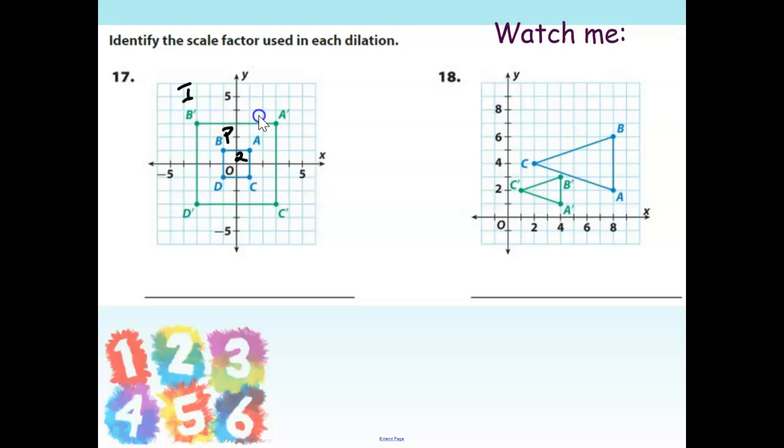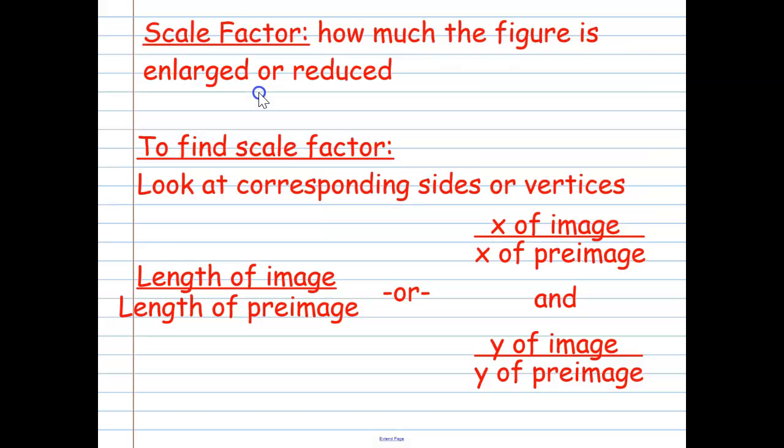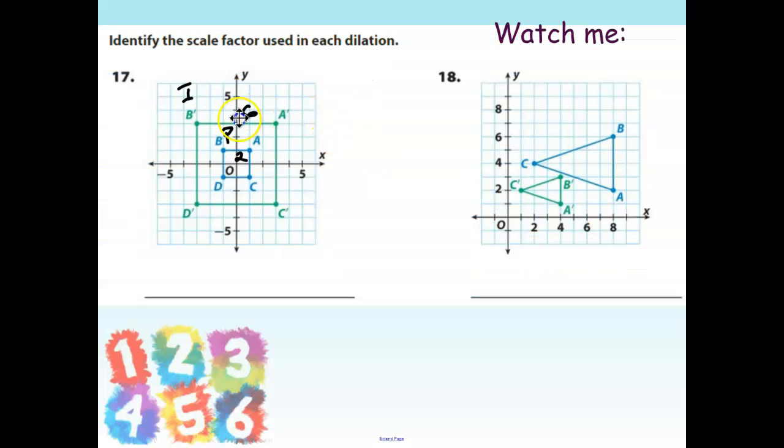It's a square. The length of this guy right here is 6. So again, I'm going to do image over pre-image. So I'm going to look at my image is 6. My pre-image is 2. And when I divide them, I get 3 for my scale factor. Okay, my scale factor is 3, because I got 3 times larger between this guy and this guy.